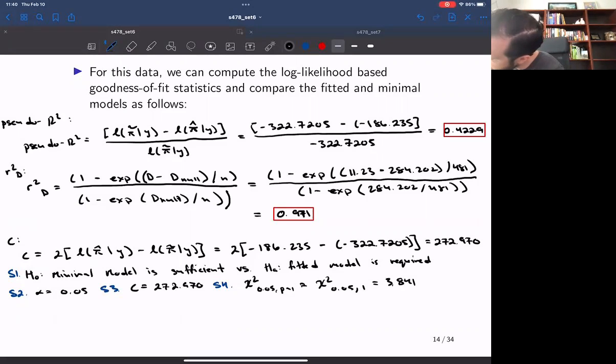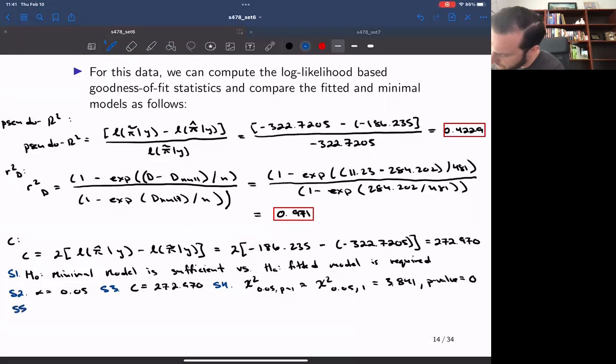We can further emphasize this by giving the p-value, and this is going to be approximately 0, but I'll tell you exactly what it is. Zero.